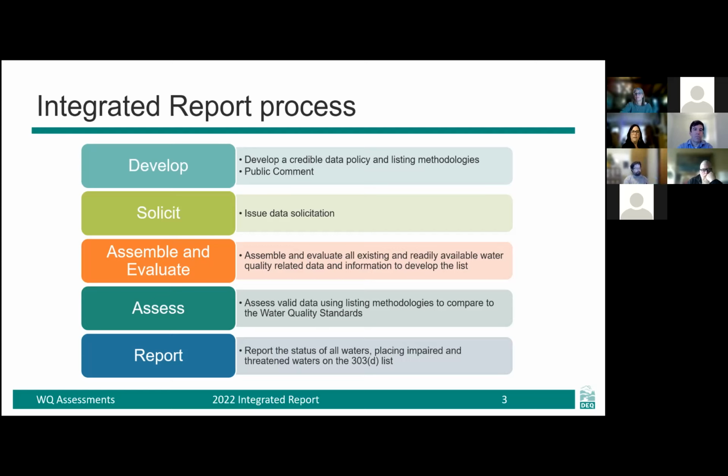All that must be brought together and evaluated for data quality. The process then moves into the assess phase, where we use the methodologies that we have put out for peer review and develop a draft integrated report, which we then report out to the public as we are doing now, and then ultimately report to the EPA.